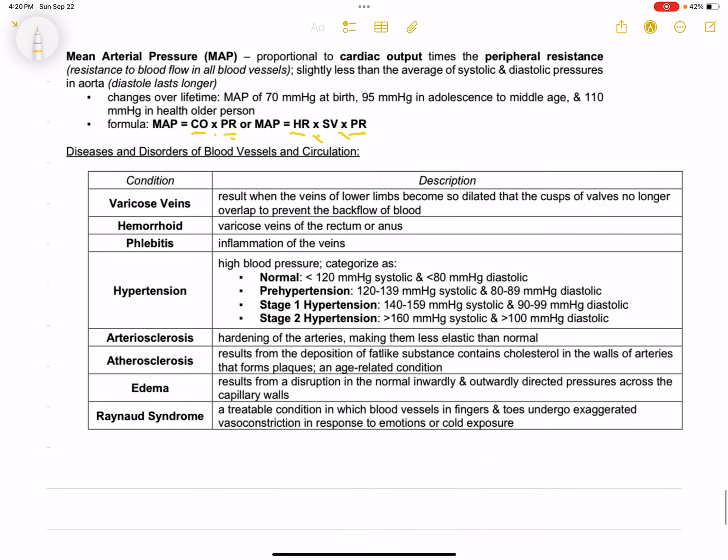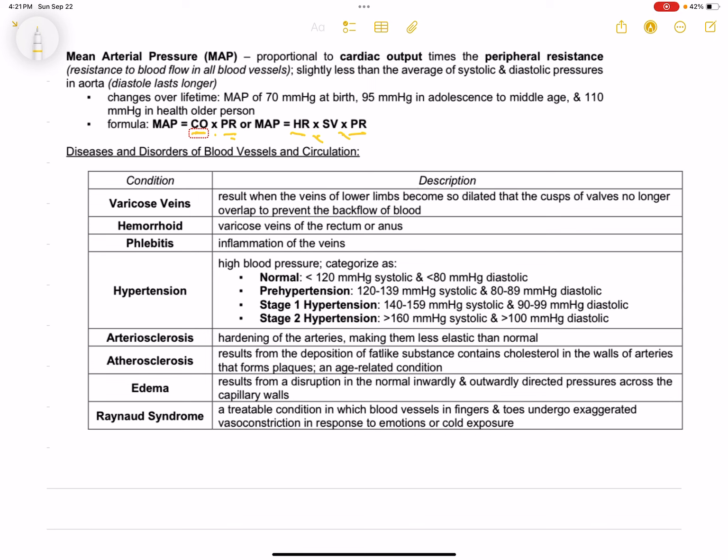So, diseases and disorders of blood vessels and circulation. Varicose veins are very common. You see them if you are always standing or when there is heaviness in the legs, right? In the lower limbs.